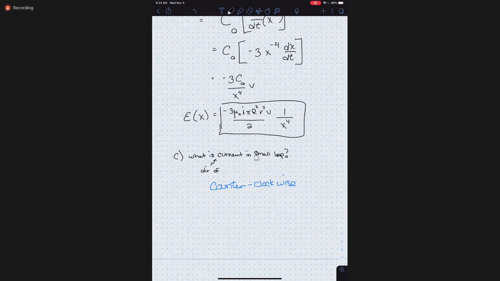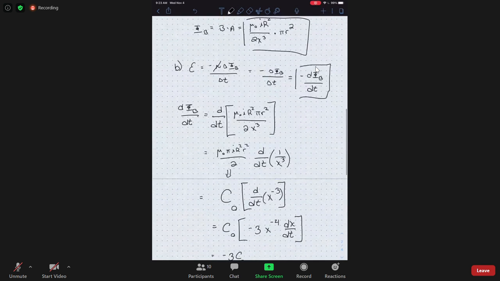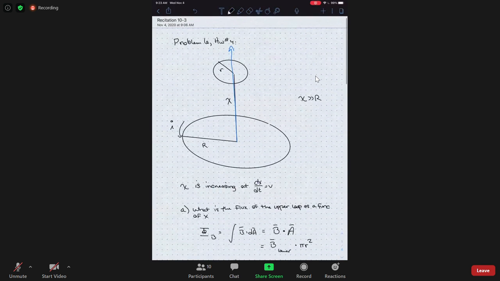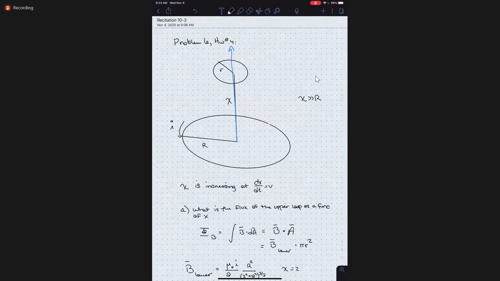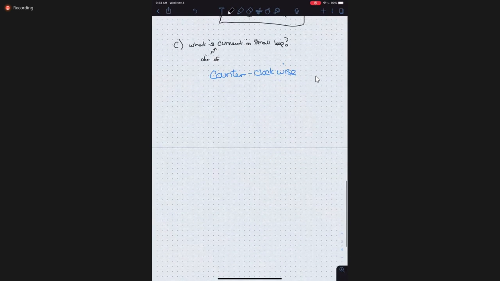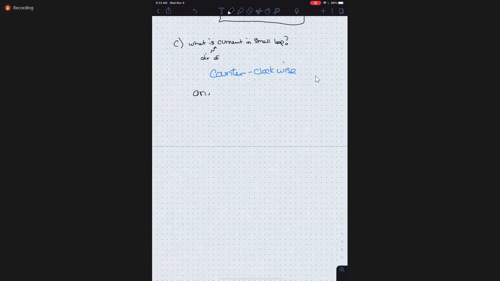Okay, allow me to repeat. The original flux before the change was pointing upwards.